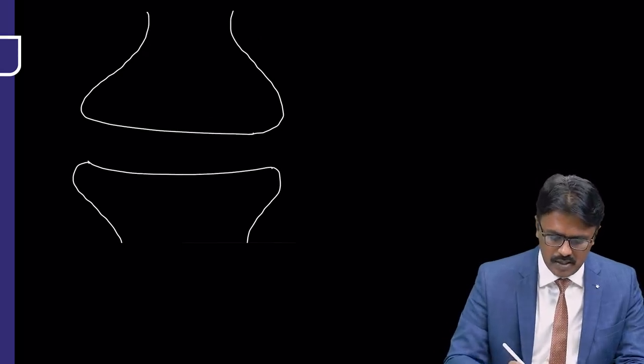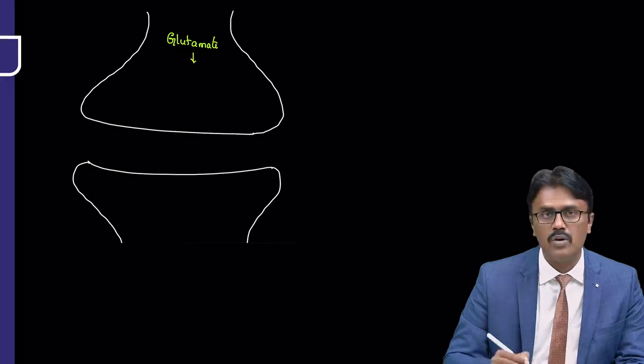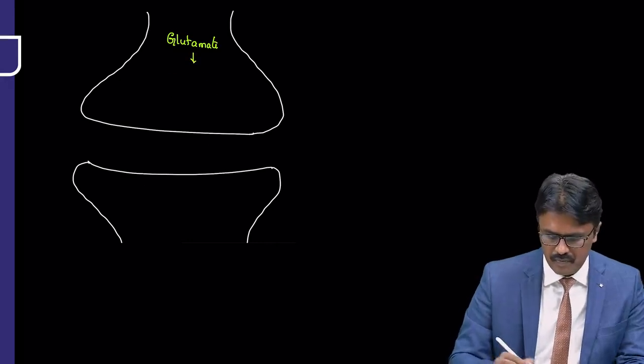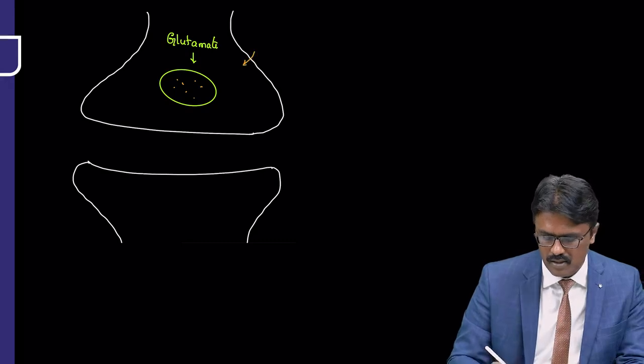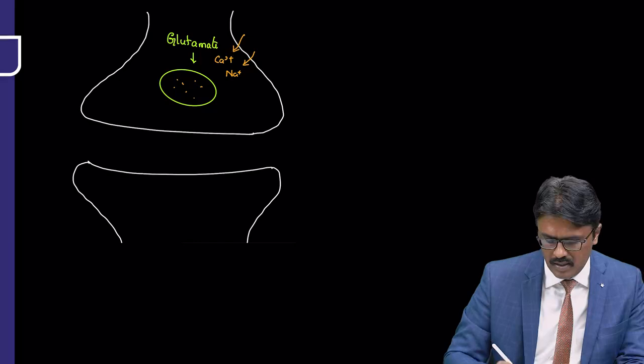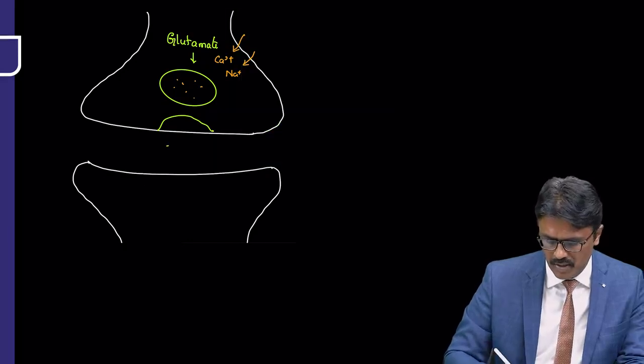So glutamate is an excitatory neurotransmitter, and this is stored in a vesicle. This is the vesicle in which glutamate is stored, and whenever there is entry of sodium, there is entry of calcium, and that will fuse the membrane and there is release of glutamate.